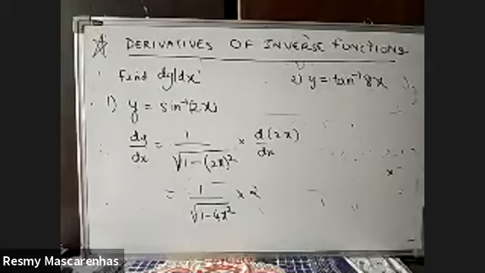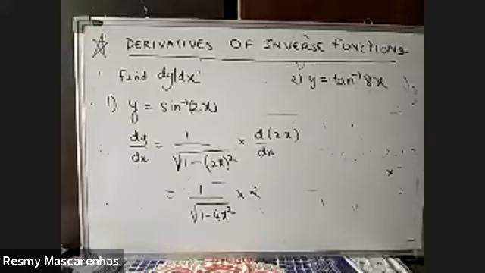So what will happen? x will be then 1 upon 1 plus x square. Instead of x it will be 8x, into the extra derivative of 8x. So what is the derivative of 8x? 8.